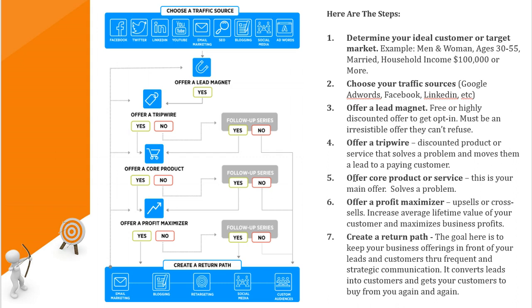What makes your product or service better than your competitors? Why should they buy from you? What's your story with it? How is it going to get me to buy from you? What are the benefits of it? How's it going to solve my problem? Those are the things that you want to focus on.